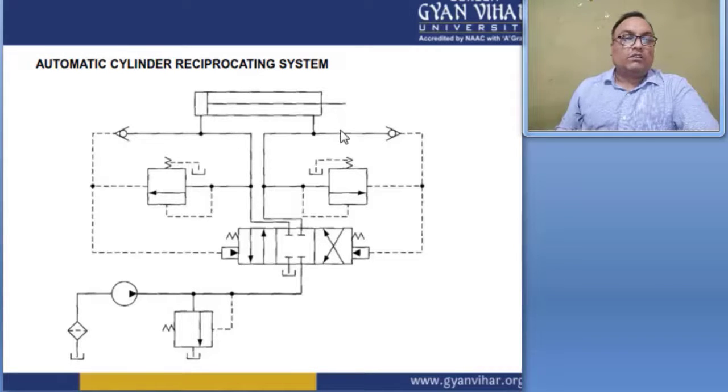So it provides continuous work, left to right and right to left also, and this is accomplished by using two sequence valves. Here is one sequence valve, and this is the other sequence valve.